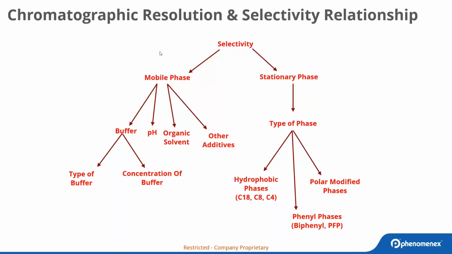And then you look at the mobile phase part of the selectivity. This comes down to buffer, pH, organic solvents, other additives, the type of buffer, concentration of the buffer. So there are a lot of different things that are playing into the overall selectivity of a method.